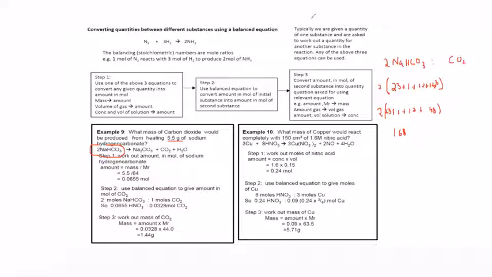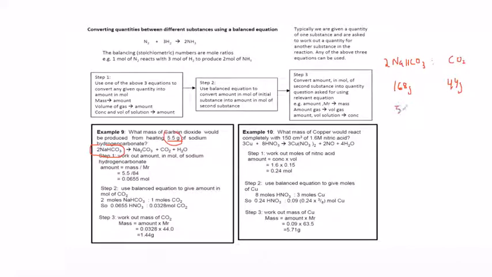So I can write 168 for sodium hydrogen carbonate, the total mass. Carbon dioxide: carbon is 12, oxygen 16 multiplied by 2, 32 plus 12 makes it 44. So the simplest ratio of the mass is 168 to 44. But in the question we have only 5.5 grams.